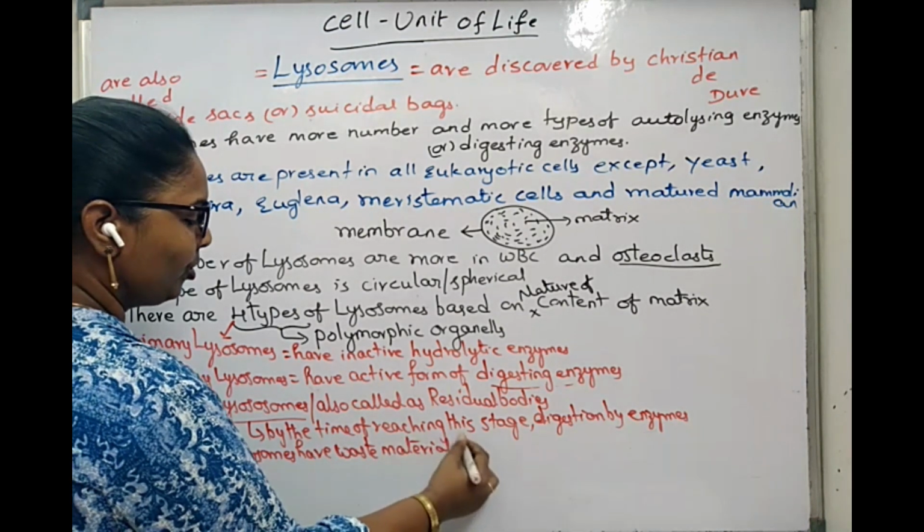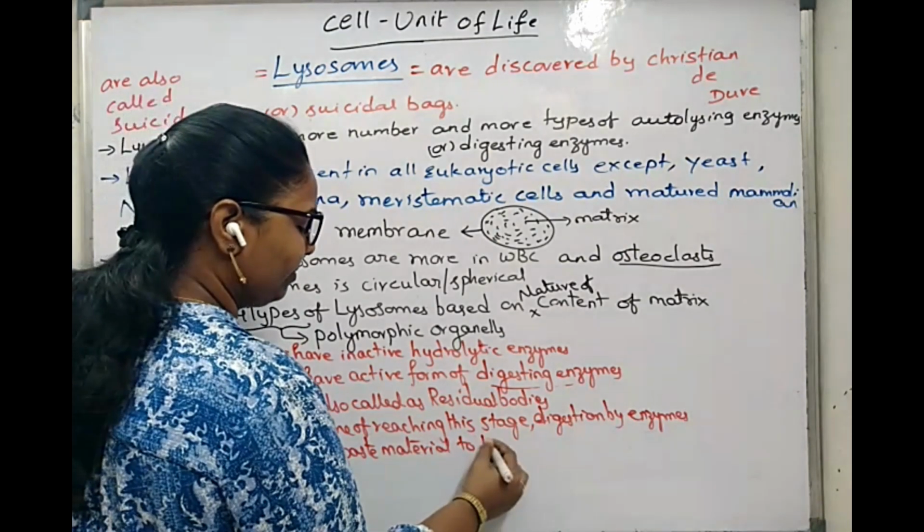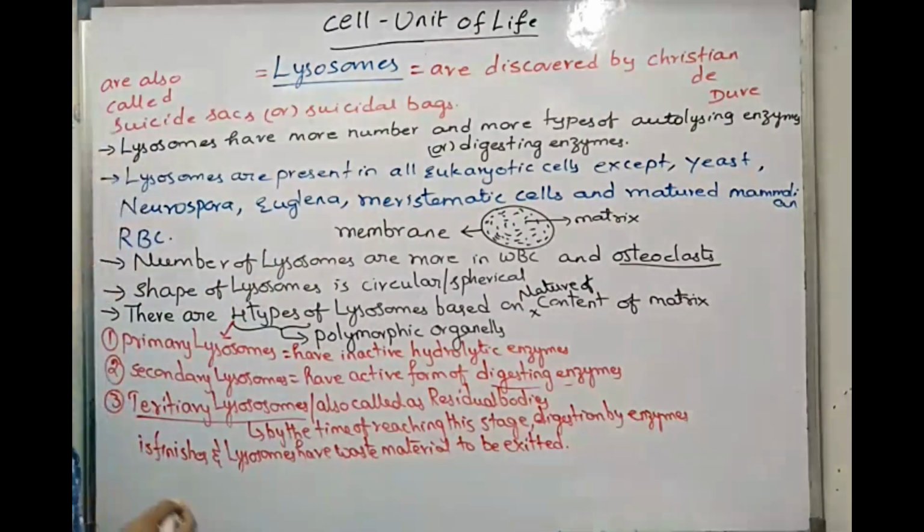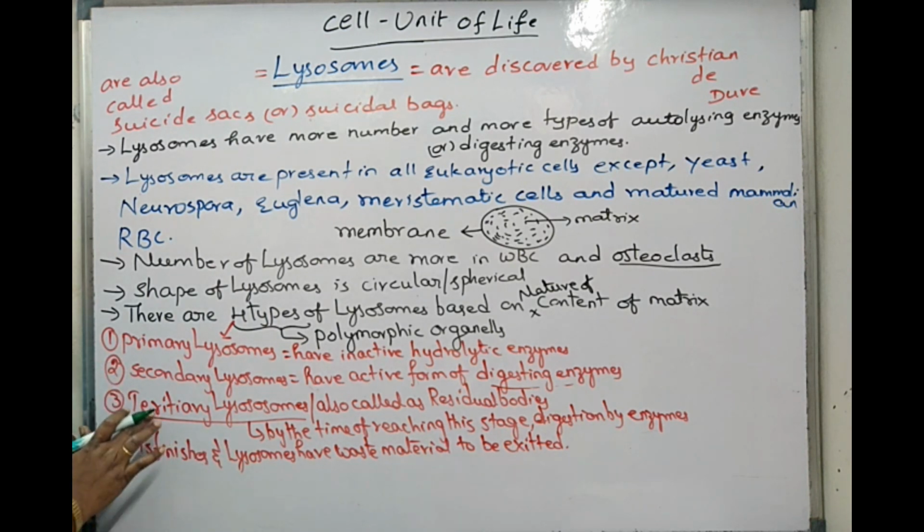Material to be exited. Now, tertiary lysosomes must do exocytosis to remove the waste material from their internal matrix.